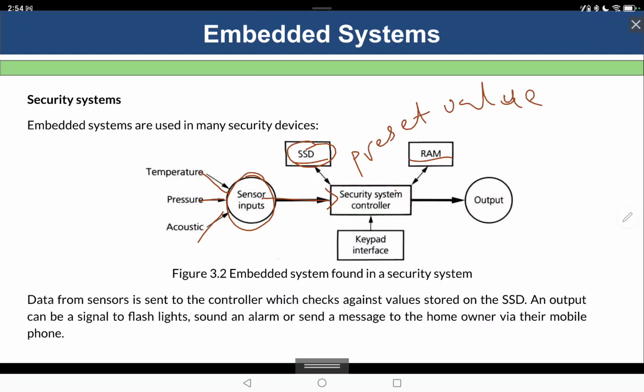The preset value can be, maybe, the temperature should be less than 7 degrees. So the data that is input from the sensor will be compared to this preset value, and based on the preset value and the instructions that are already in the SSD, an output can be signaled. An output can be to flash lights, to sound an alarm, or to send a message to the homeowner via their mobile phone.